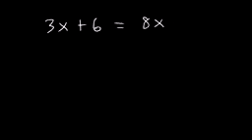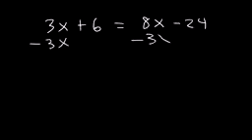Now let's say if we have variables on both sides. What is the value of x? In this case, what we can do is combine like terms. Let's subtract 3x from both sides, and let's add 24 to both sides.